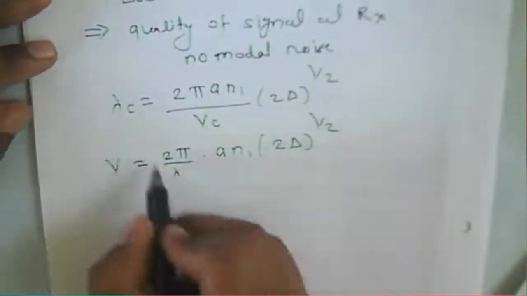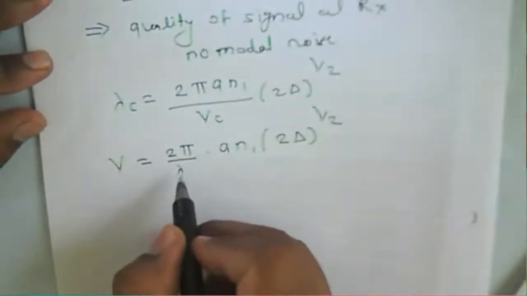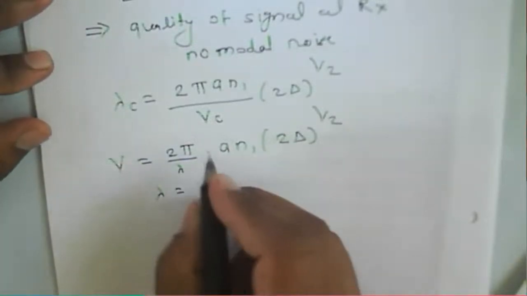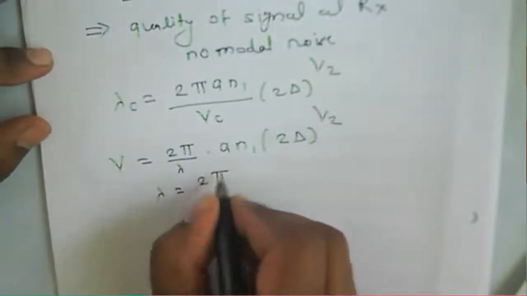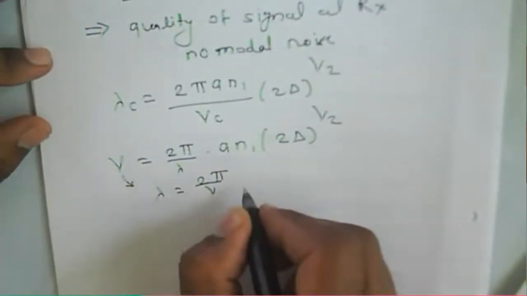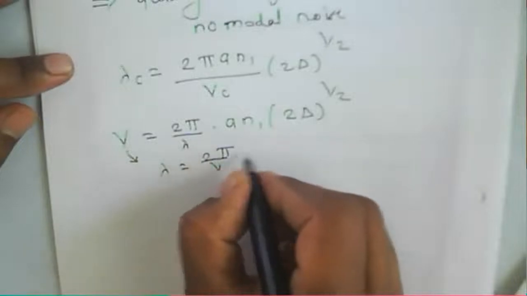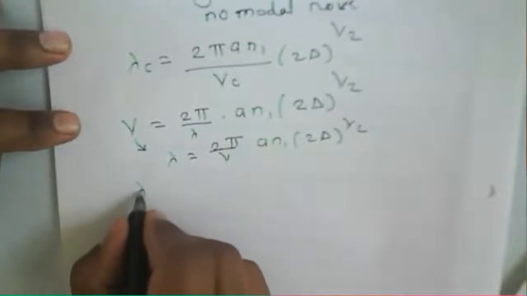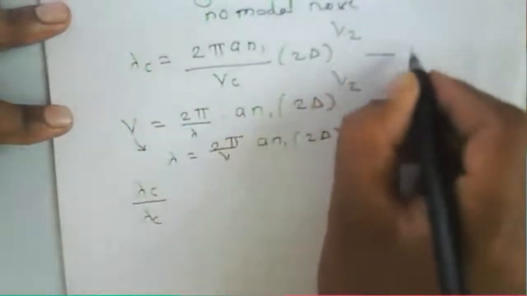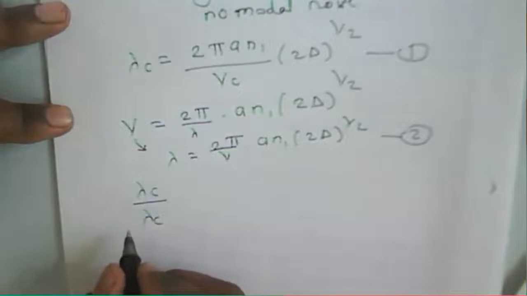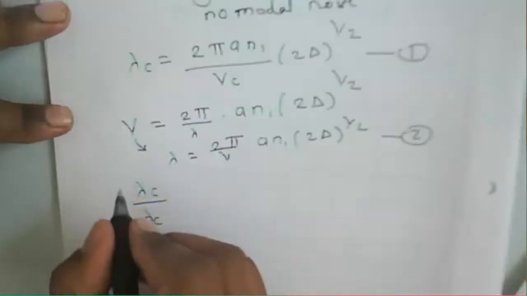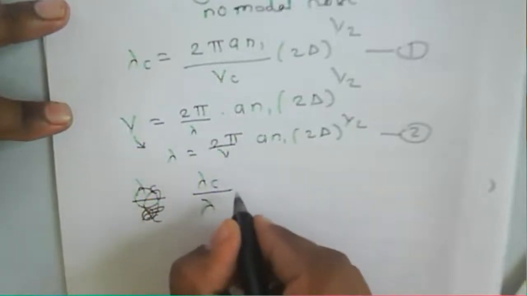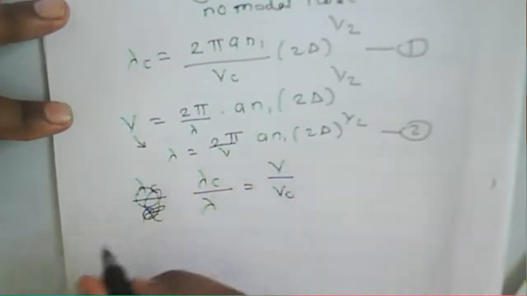So we are getting everything with respect to lambda. So lambda is equal to twice pi by V into a n1 twice del raised to 1 by 2, from this equation. Taking this as equation 1 and this as equation 2, by dividing equation 1 by 2, that is lambda c by lambda, we get V by Vc.